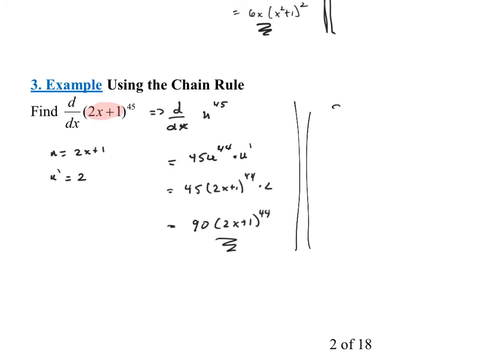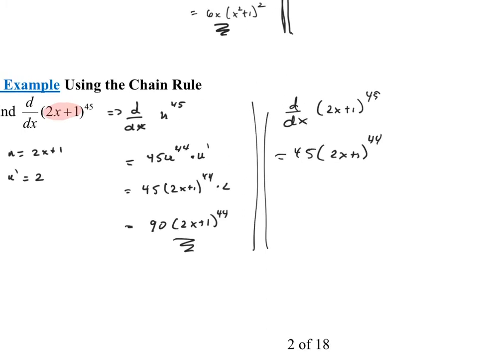So if I was finding the derivative with respect to x of 2x plus 1 to the 45th power, what do I do? Drop the power, keep the inside exactly the same, power minus 1, but then you have to remember to multiply times the derivative of the inside. I use this horrible notation where I just put it in parentheses and I put a prime.